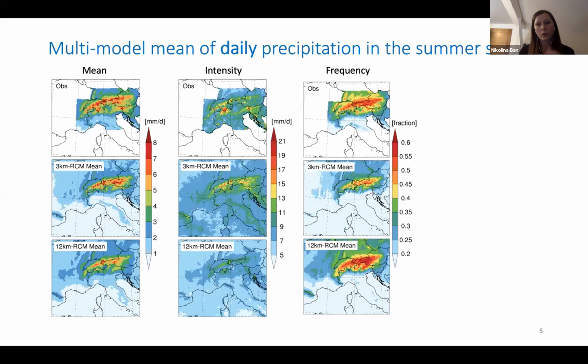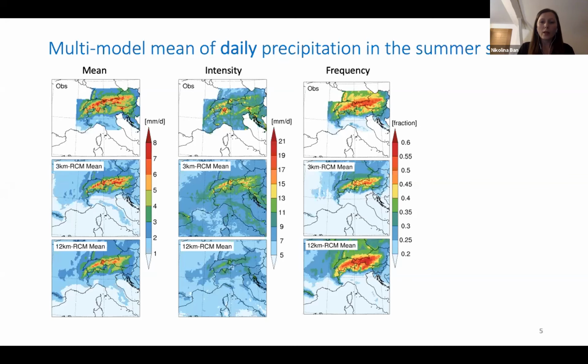So when you look at the mean, at the end it looks okay, but this is for the wrong reasons. On the other side, the 3-kilometer models tend to reduce these biases. So the intensity and the frequency are better reproduced, although there is still some underestimation.